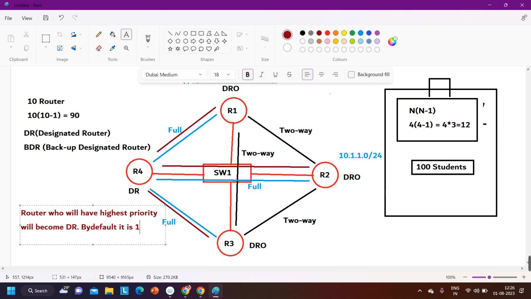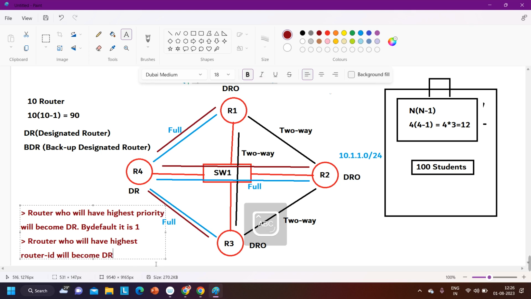No. So now if the priority ties, then it is going to check the second option. This was the first option. The second option is, if the priority ties, then the router that has the highest router ID will become DR. And as you know, router ID is the identification of a router.